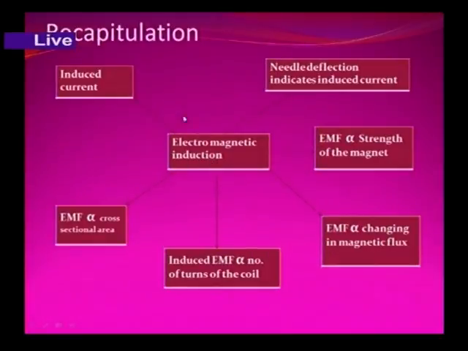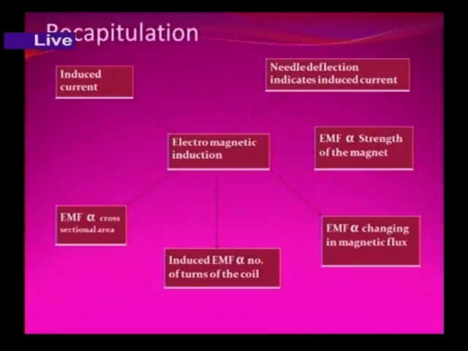Also, the needle deflection indicates induced current. That means whenever we performed the experiment with the galvanometer, the needle in the galvanometer showed deflection, and the deflection indicates that current is induced in the coil.